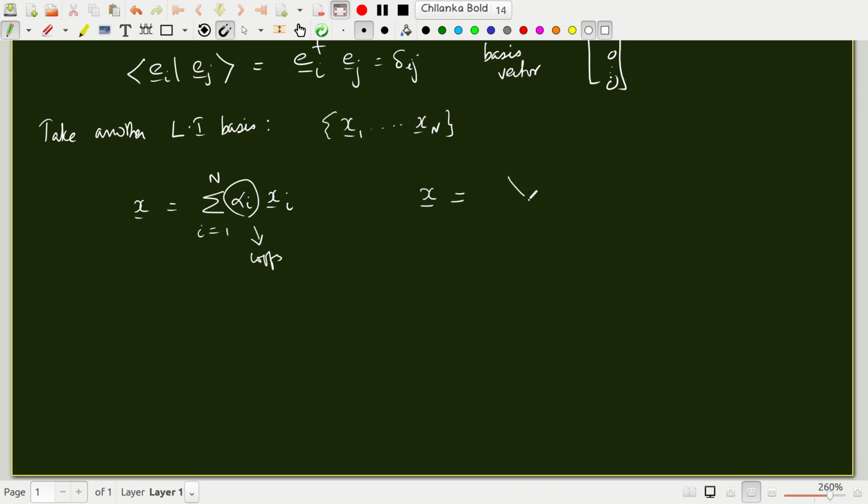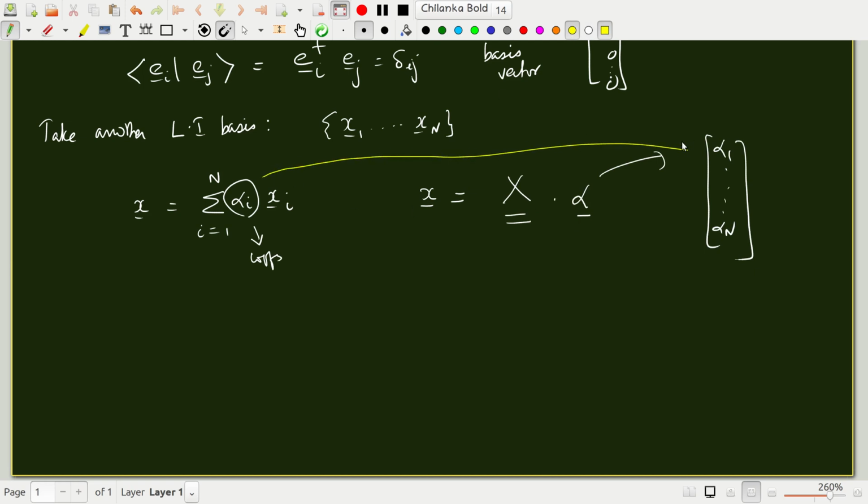So I can write this as a matrix capital X times the coefficient vector alpha, where alpha is just the column vector containing all these coefficients. And X is the matrix comprising all the n basis vectors in its columns.